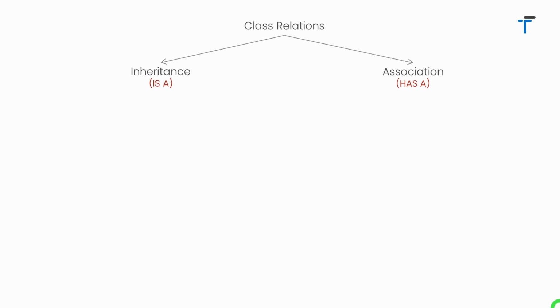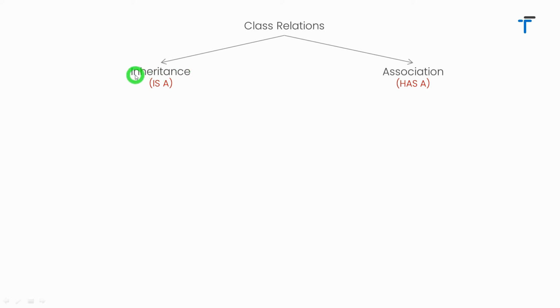Now let me talk about a different topic. It is not actually related to inheritance, but being a programmer of an object-oriented language, you must have knowledge of this concept. That's why I'm talking about it here. This topic is basically the different class relations that we can have. We have seen inheritance here.